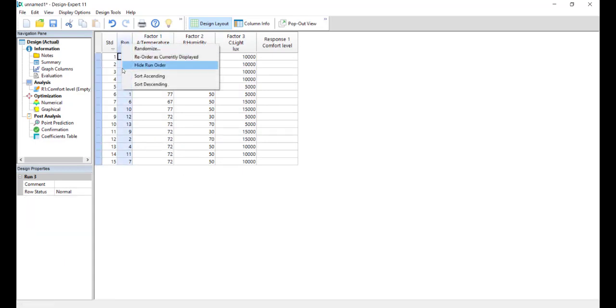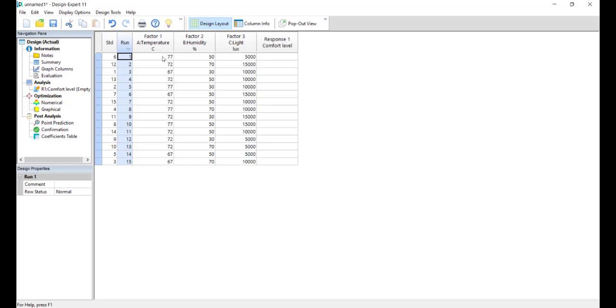So let me just go back. You can see here what is the difference between run and standard order. Run means a randomized structure for the experiment. You need to run the first experiment like this, then this, and as you notice here, there is a randomization between each of the factors and humidity.